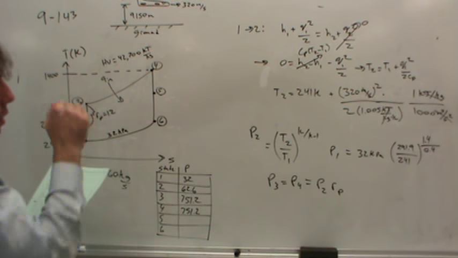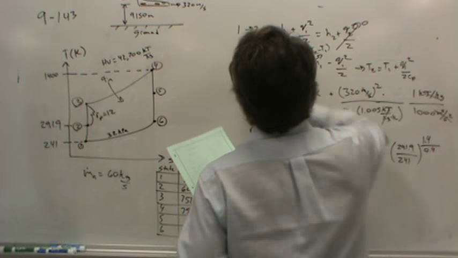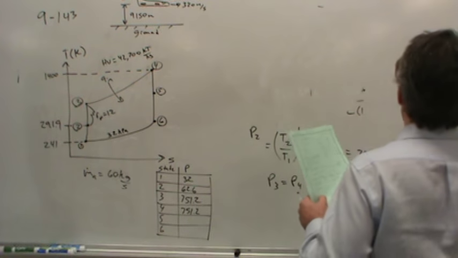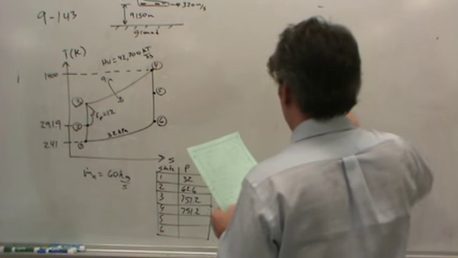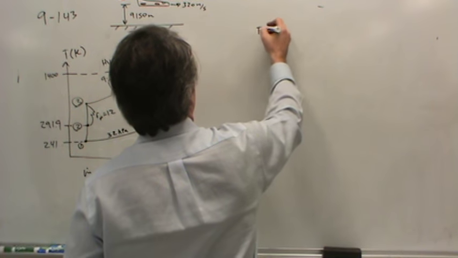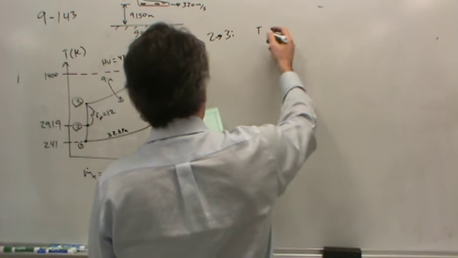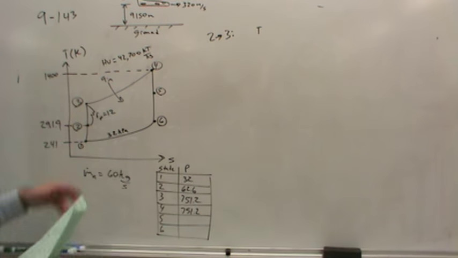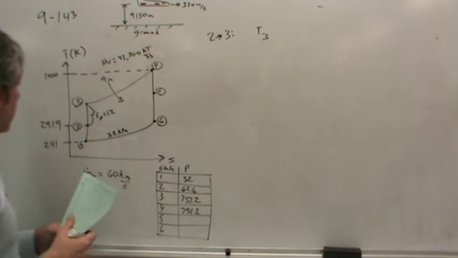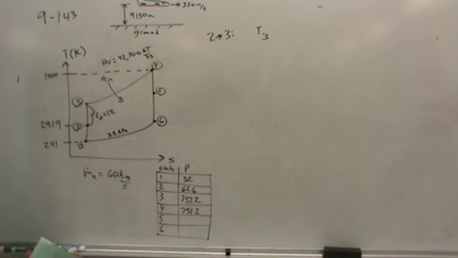Okay. Now, could we find the temperature in state 3? We need the temperature in state 3 as well. That's how we solve the states. So could we move from state 2 to state 3? Well, sure, we could. The relationship would just be an isentropic relationship to get at T3, because 2 and 3 are isentropically related.